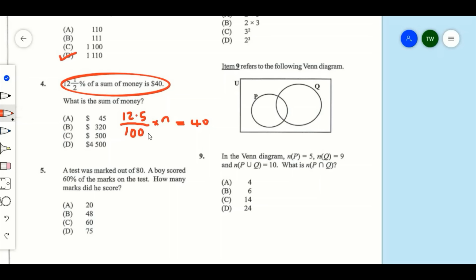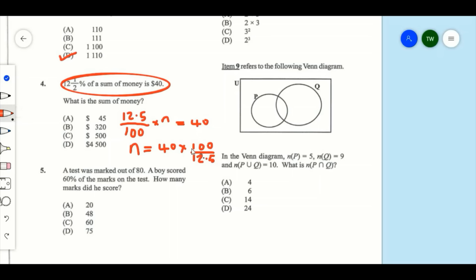algebraically. Now we can solve this algebraically by just multiplying both sides by the inverse of 12.5 over 100, which is 100 over 12.5. So therefore, N is going to equal 40 times 100 all over 12.5.